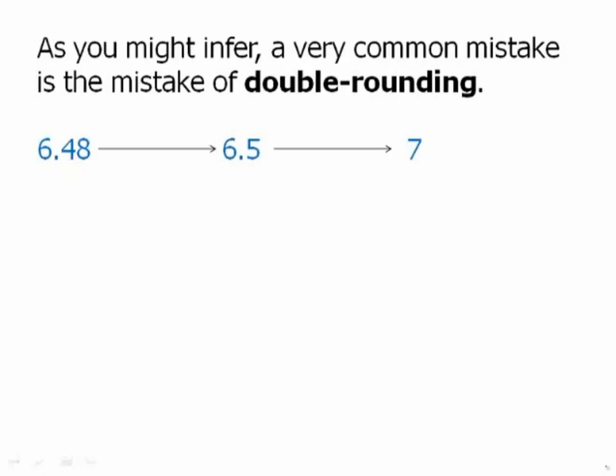And so what we've done is we've done rounding in two stages here. This is 100% incorrect. This is not what you are supposed to do. Instead, you have to look at that 4. The 8 is irrelevant. Look at the 4. The 4 gets rounded down, and so 6.48 gets rounded down to 6. Very important to avoid double rounding, which is a very common mistake.